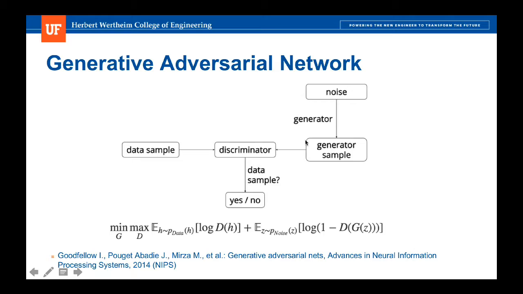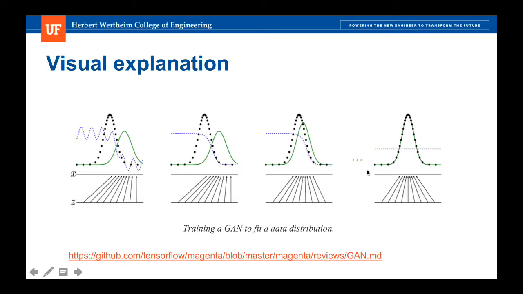Thus, the overall function is pretty straightforward. It's a min-max function. This function will encourage the generated data to have a similar distribution to the real data. We can use a figure to illustrate it.